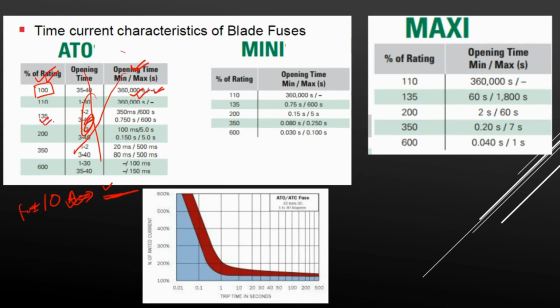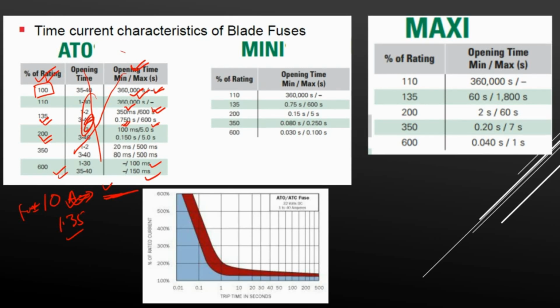If you are increasing this particular current by 1.35 times, then this particular fuse will blow in 350 milliseconds or 600 seconds, okay. Then for 200%, 100 milliseconds or 5 seconds. So this is like 600% rating, then 100 millisecond and 150 millisecond.